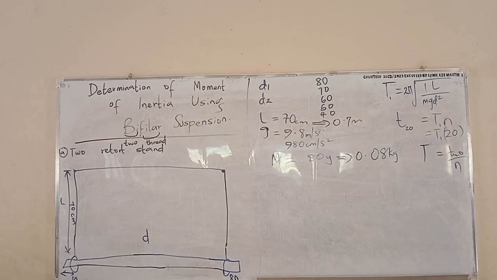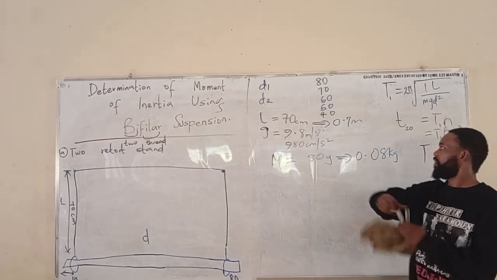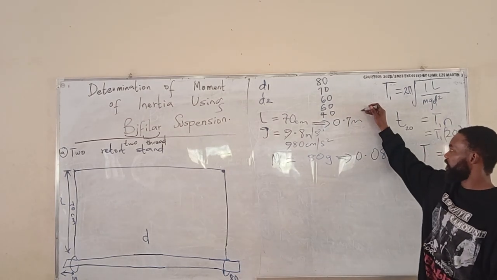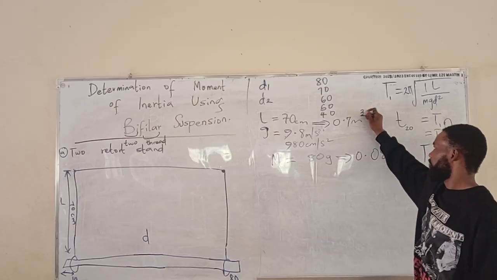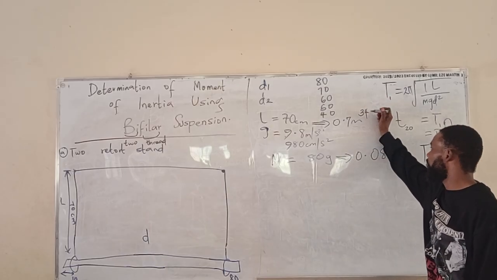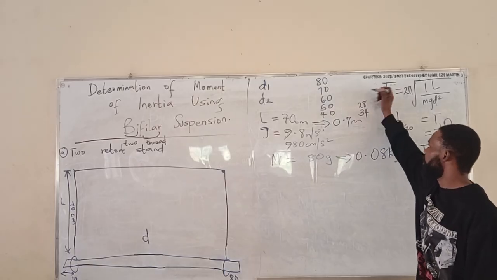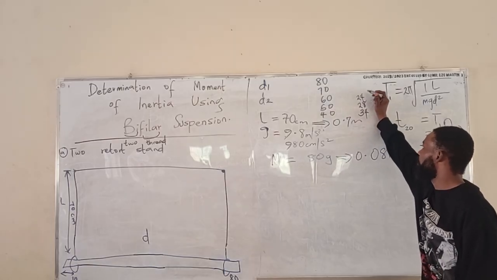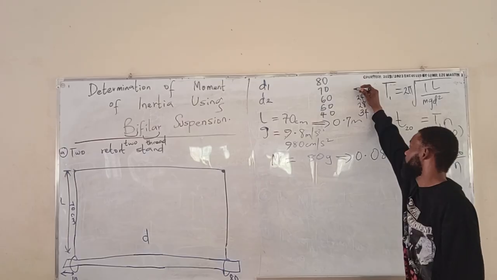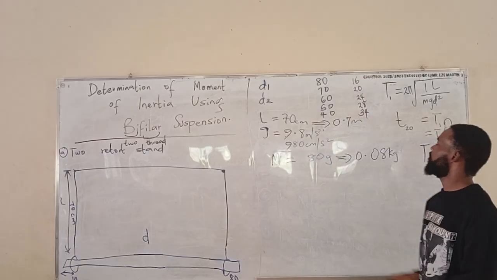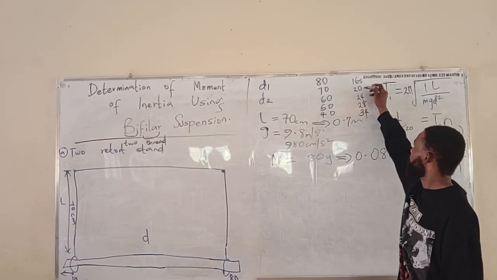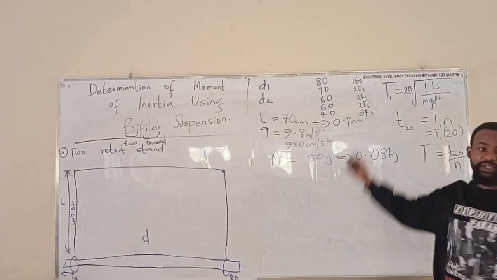So we simply note that for the fact that this one is smaller, the time should be bigger. You understand? So that means I should be having, let's say, 34, 28, 24, 20, 16 in seconds. Hope you understand what I'm doing here.